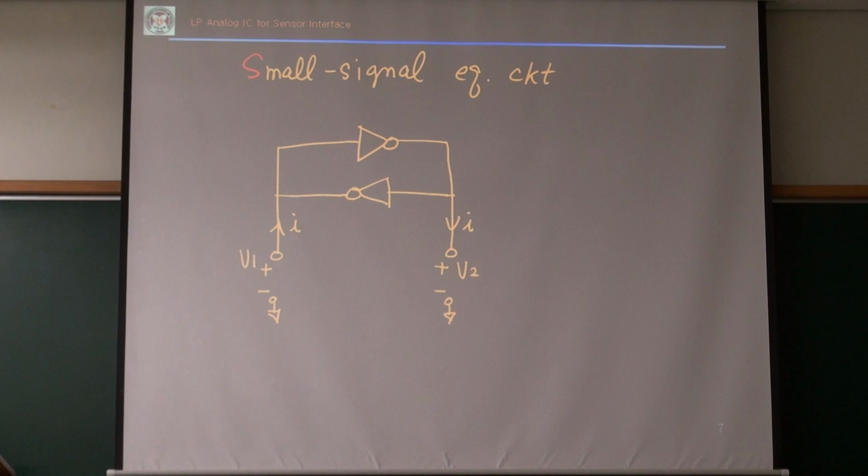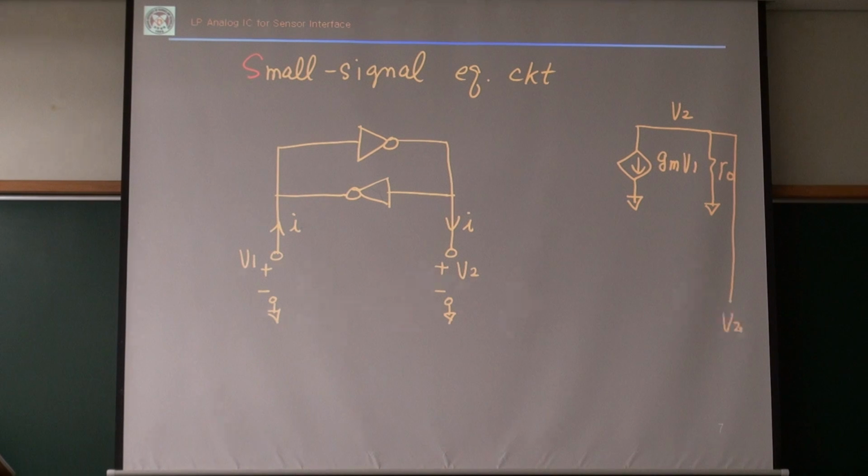So we can convert the upper inverter into a gmV1 current source with an R1 there. Actually, this is V2 to ground.